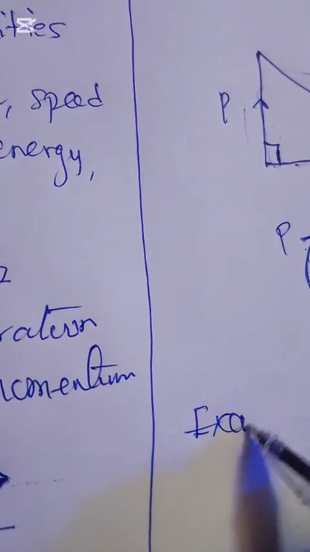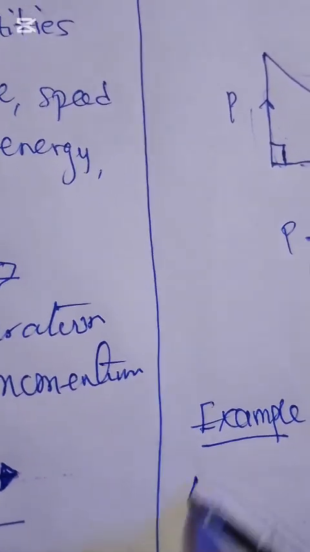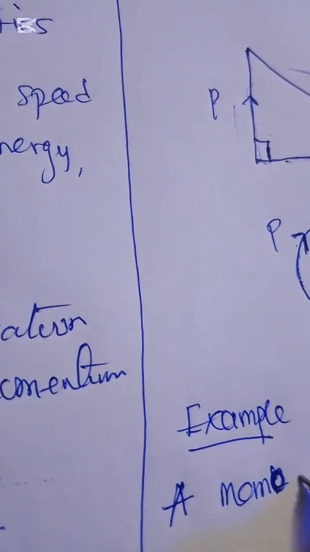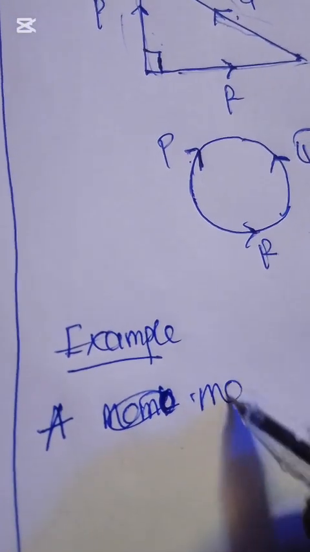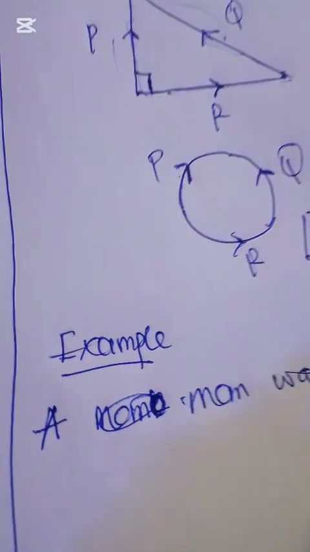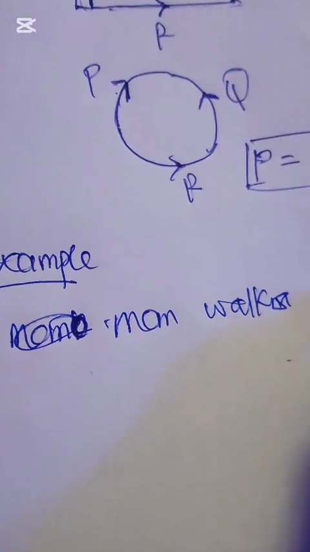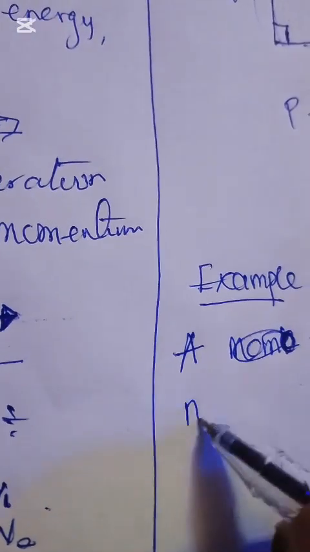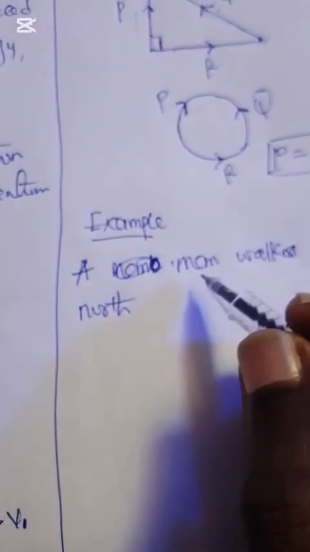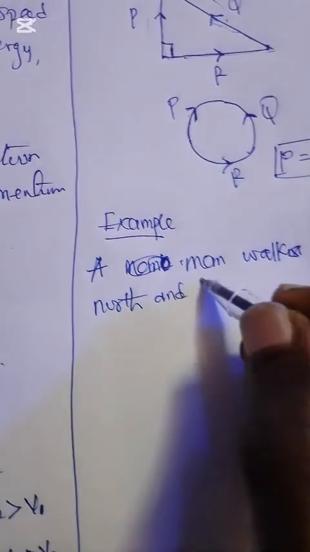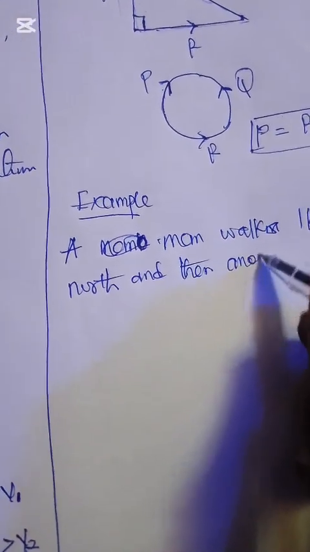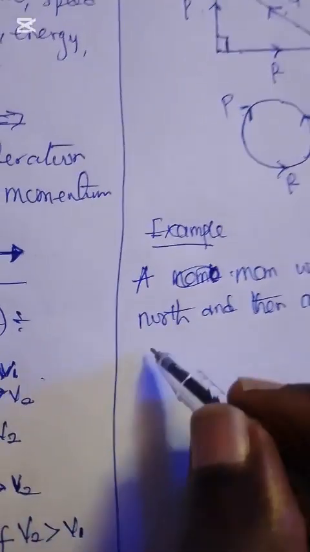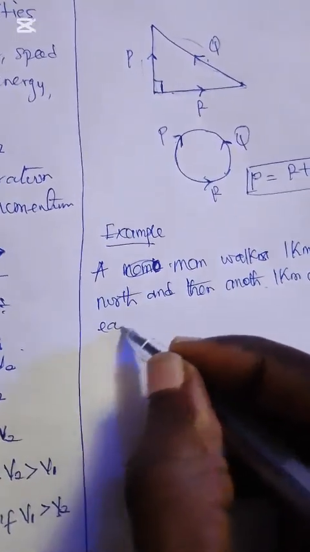Example 1. A man walks 1 kilometer due north, and then another 1 kilometer due east.